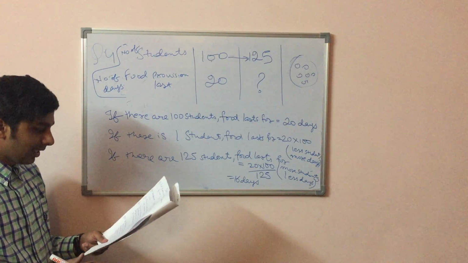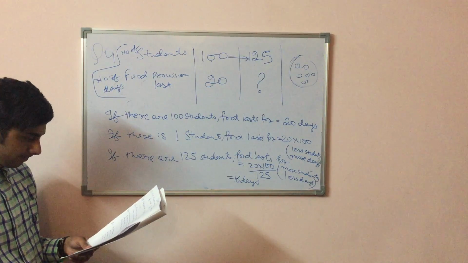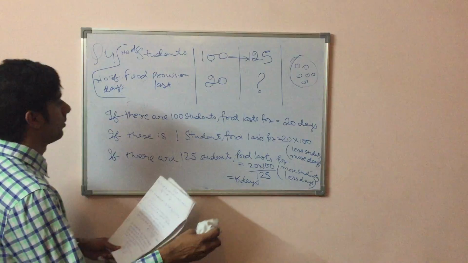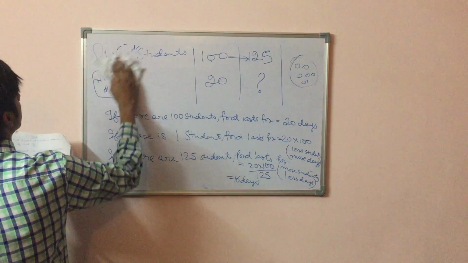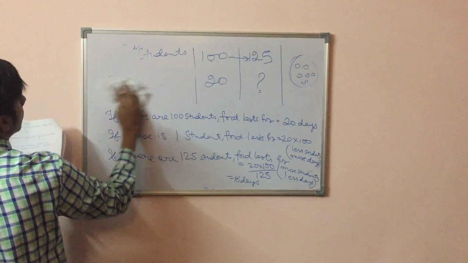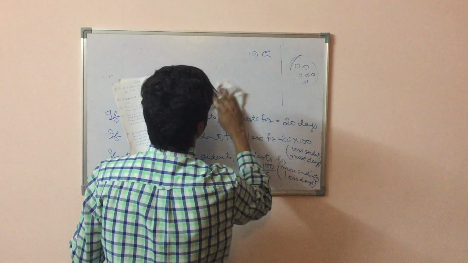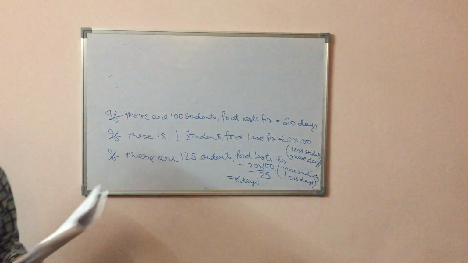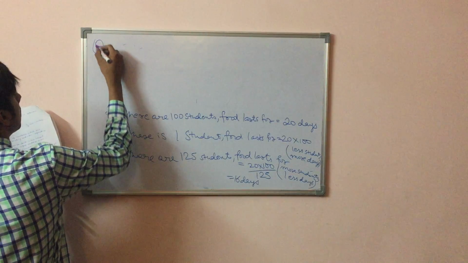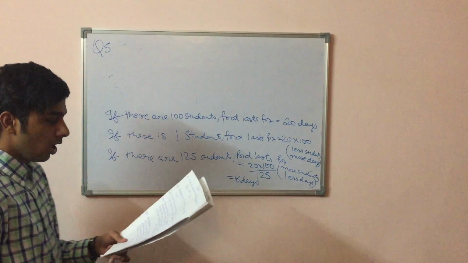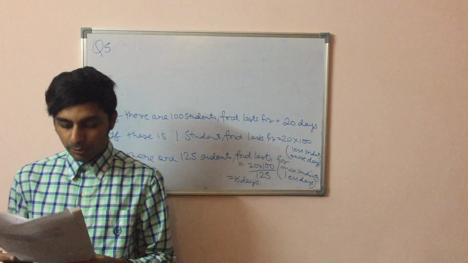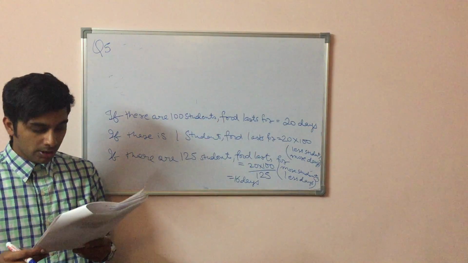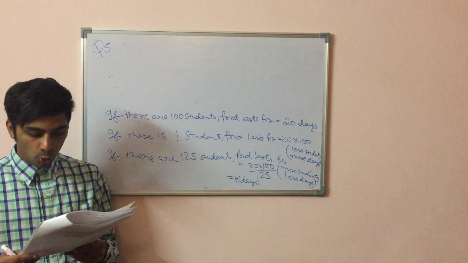So our last question is, a shopkeeper purchased 200 bulbs for rupees 10 each. However, 5 bulbs were fused and had to be thrown away.